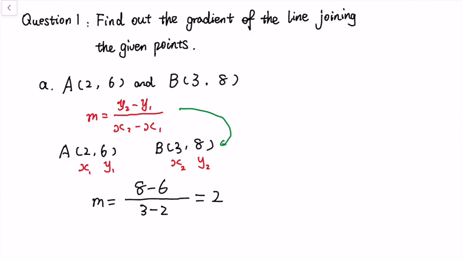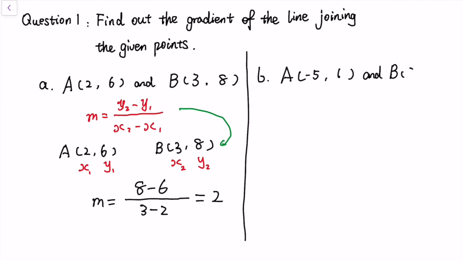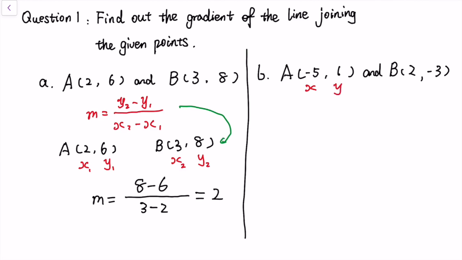Let's look at the other one. Question B. You are also given two points. Point A is -5, 1, and point B is 2 and -3. As we know, at point A, x is -5 and y equals 1. At point B, x equals 2 and y equals -3. You can also put the numbers underneath.